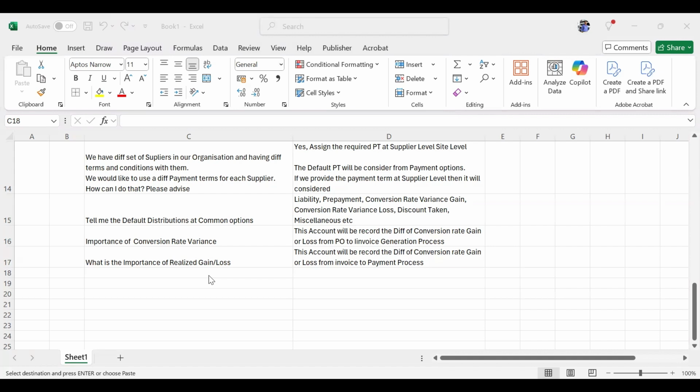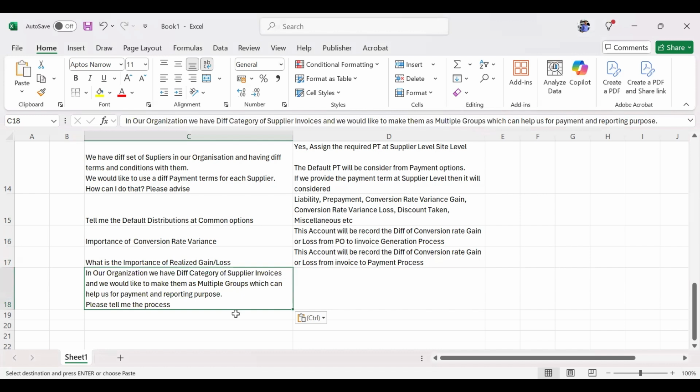We need to pay the invoices as one PPR process. We have PPR processes, and as a parameter we have to make some groups for the invoices. So what is the procedure to create invoice groups? Can I maintain multiple groups for invoices? Then how can I do that?